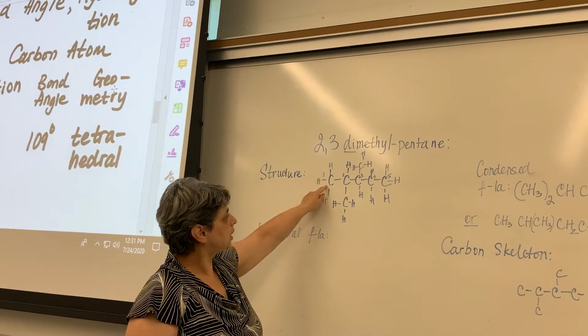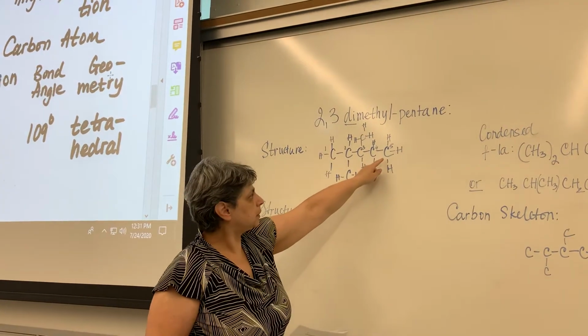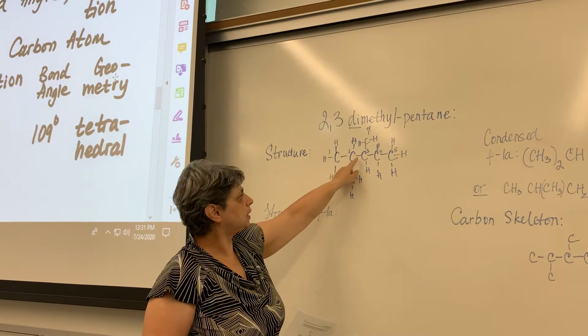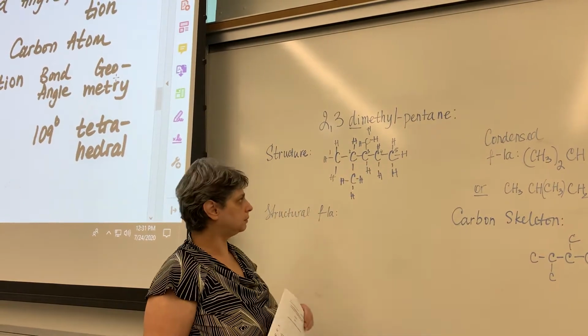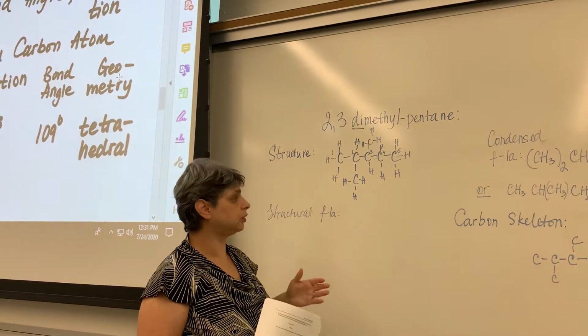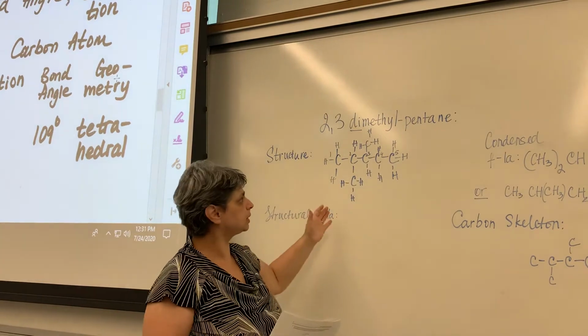I drew 5 carbons in a row. Now I drew them in the horizontal way, but remember the bond angle here will not be conducive for giving a straight line. We'll talk about bond angles next. Anyway, 5 carbons in a row, so that's pentane.